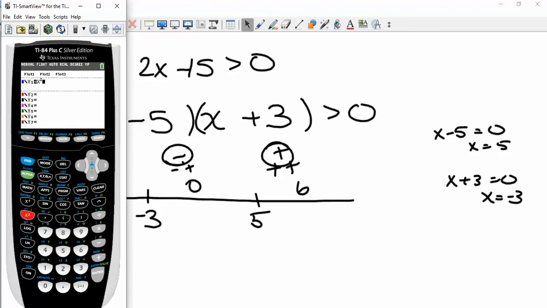If you graph it, what was our original? x squared minus 2x plus 5. No, minus 15.